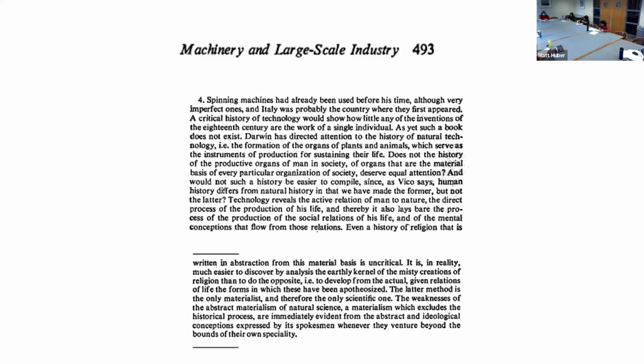The weaknesses of the abstract materialism of natural science, a materialism which excludes the historical process, are immediately evident from the abstract and ideological conceptions expressed by its spokesmen whenever they venture beyond the bounds of their own specialty. So just doing material work doesn't mean you're also scientific, because you could do material science in abstraction from history, human relations, politics, society, class relations and all the other stuff, right?